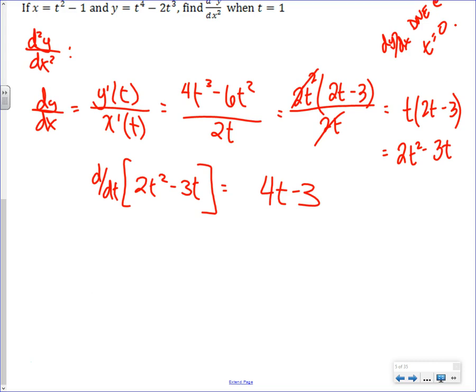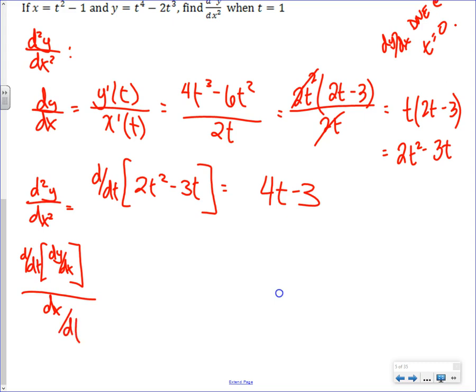But is d dt of dy dx the second derivative? No. For the second derivative, don't I technically need d dt of dy dx over dx? But it's like, wait, I need a dx, don't I? Okay. Well, I need a dx, and I just got an additional dt.